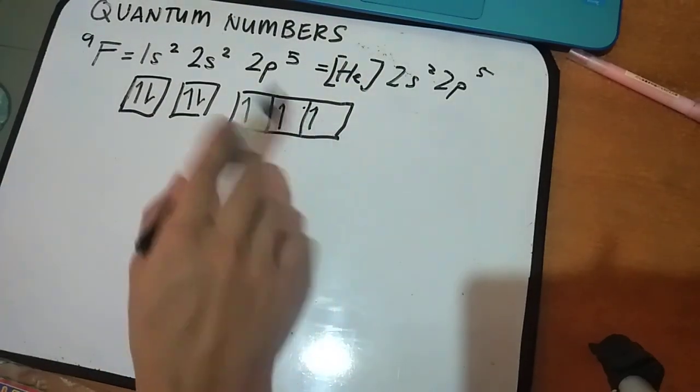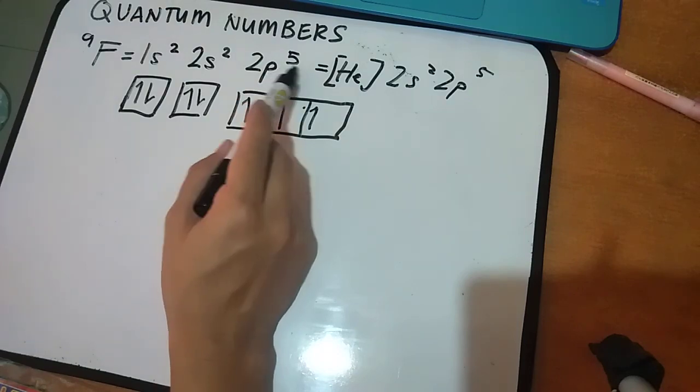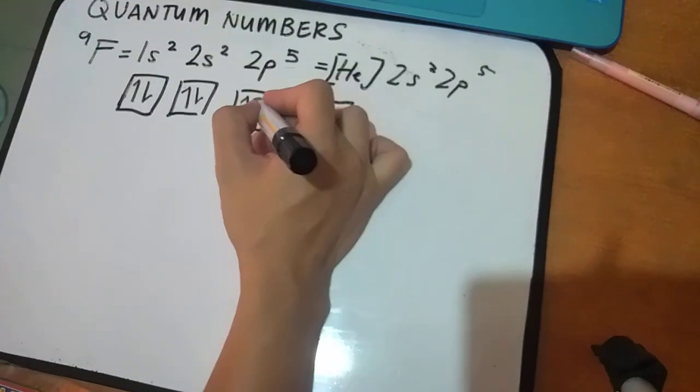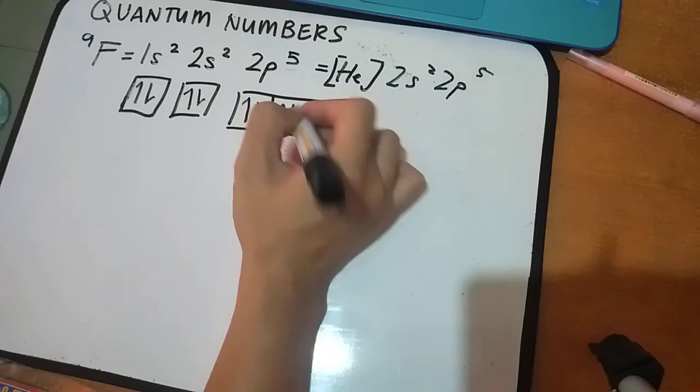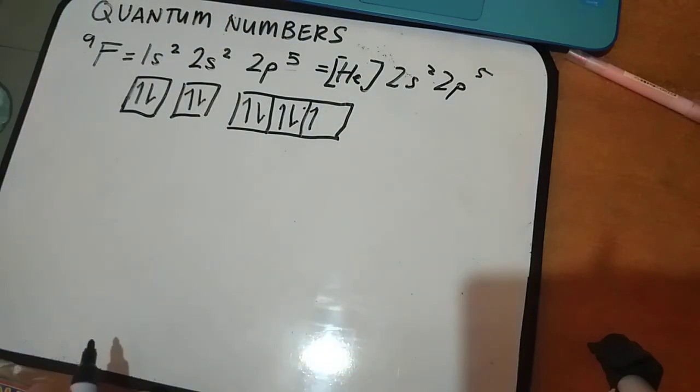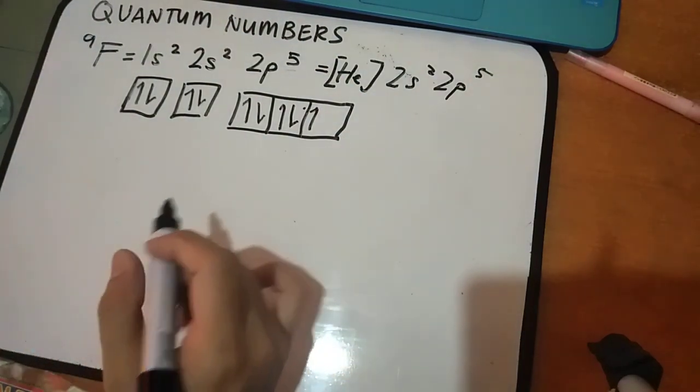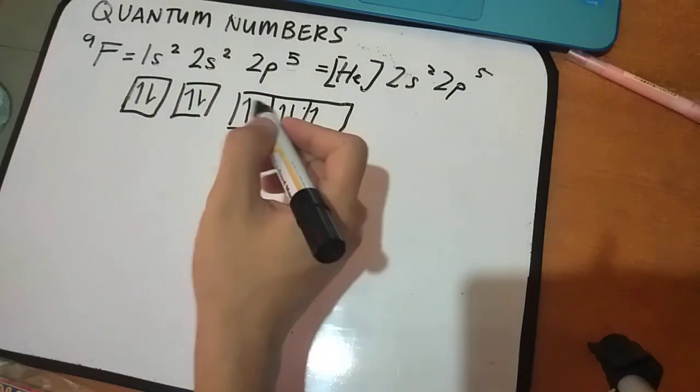So, we already have 3. Ang 5 daw yung kailangan. 5. 1, 2. Okay? So, lagyan natin siya ng values.